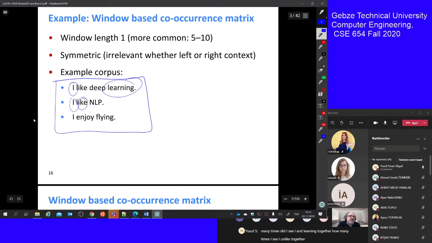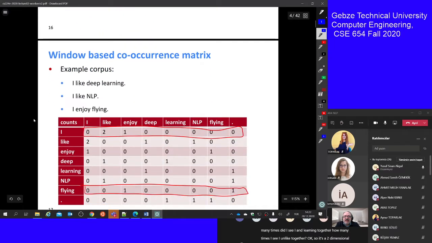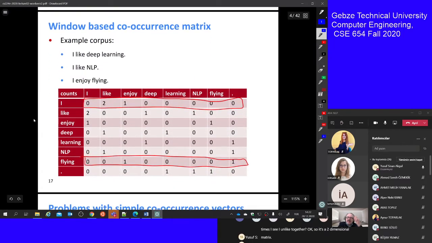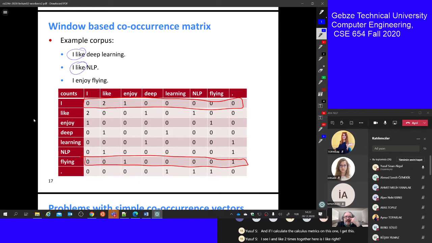So it's a 2-dimensional matrix. If I calculate the co-occurrence matrix on this one, I get this. I see I and like 2 times together. Here is I like, right? I see I and enjoy just once. So it looks like my window size is very small, just 1 word.